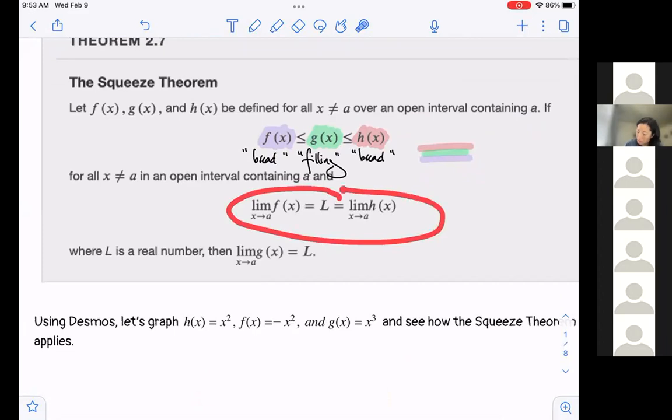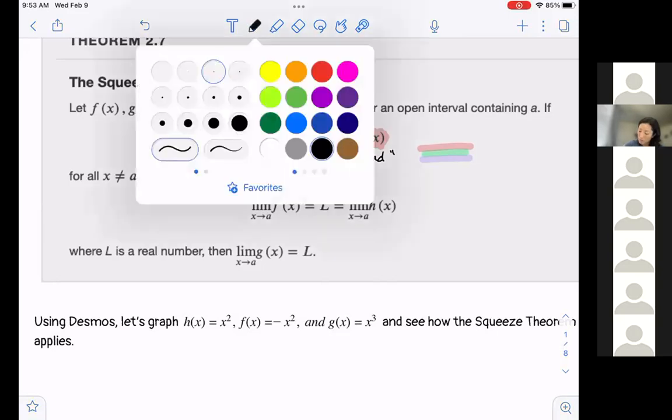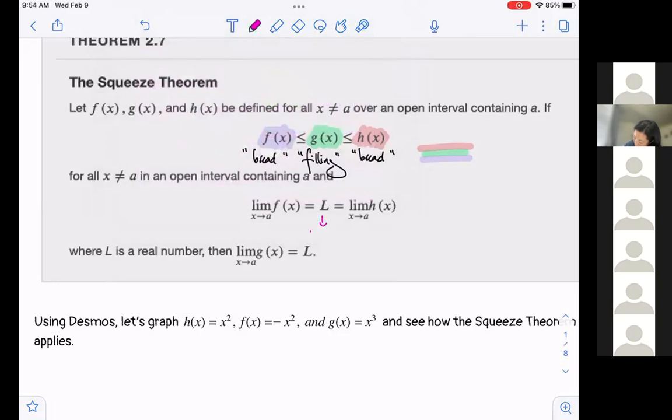Let's take a look at this. What kind of number is L? Yes, L is a Y value. We've seen it that way in other contexts, but now we're saying that we have one limit equal to this Y value, and so does the other one.